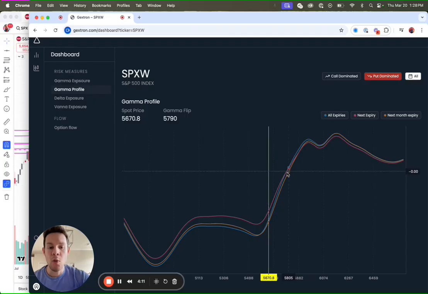But what if we go below the zero gamma flip point? Let's say price action, as it is right now, has a spot price of 5670, and we are way below 5790. What Gextron is telling you as a trader is that we are in volatile moments.